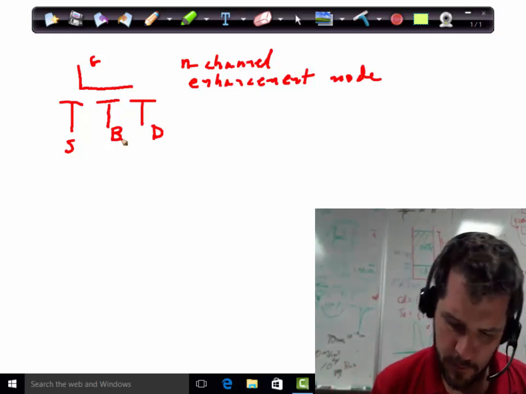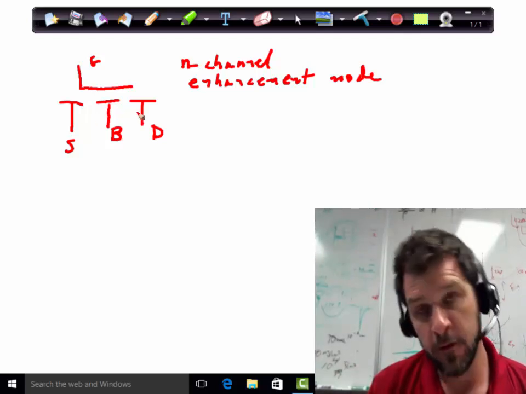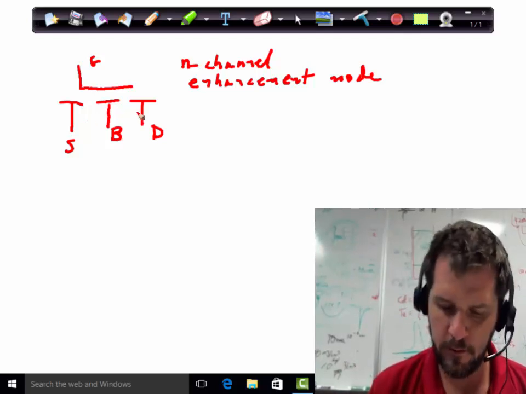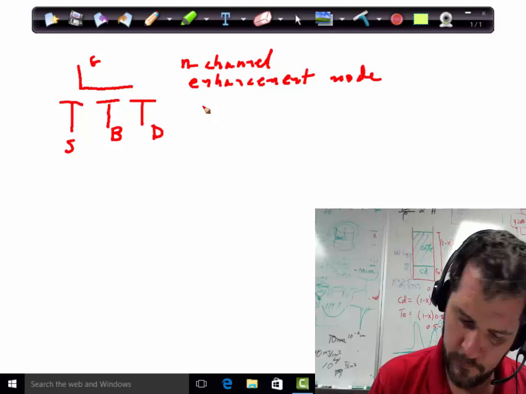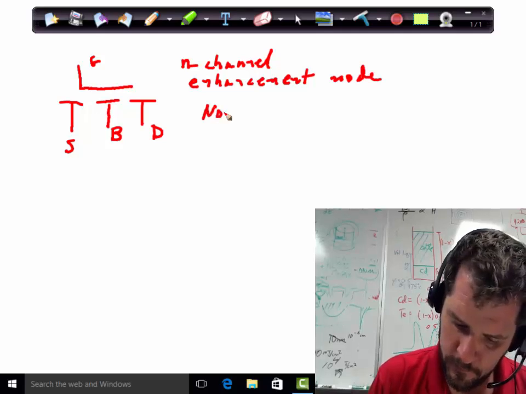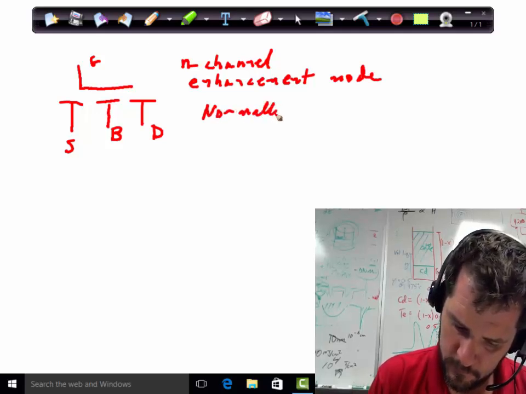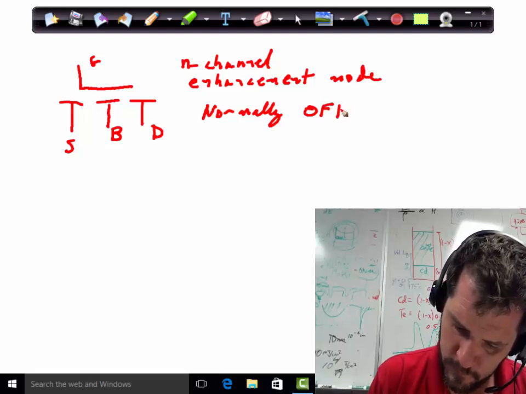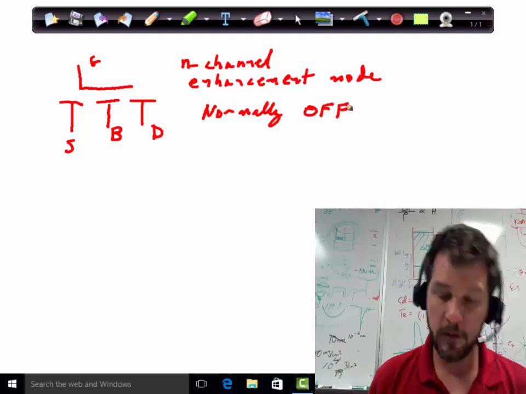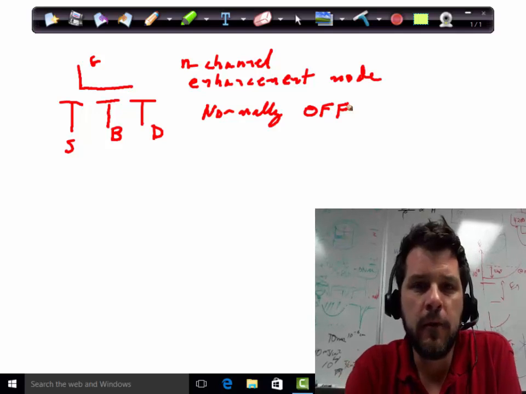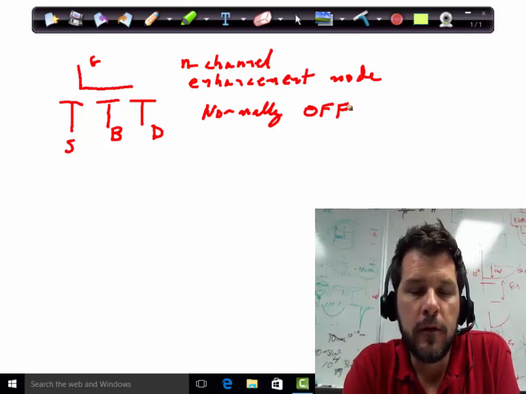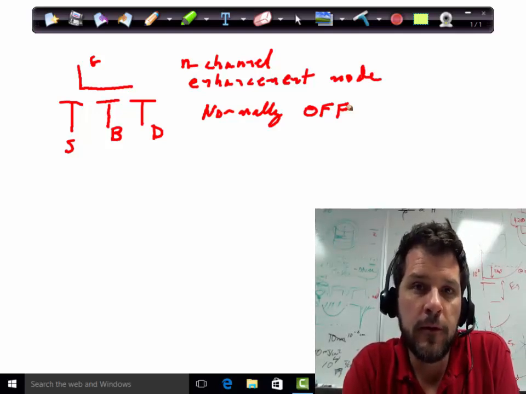You'll notice that the source and drain are not connected in this diagram, and that's because this device is normally off. We have to apply a positive gate voltage in order to turn this on.